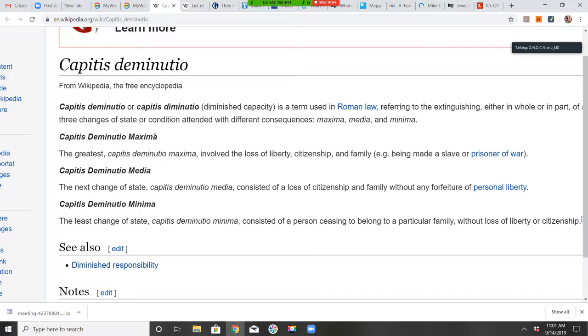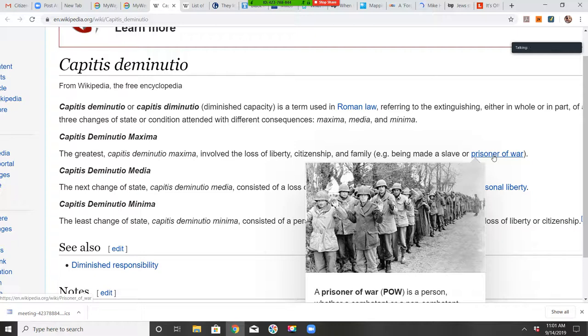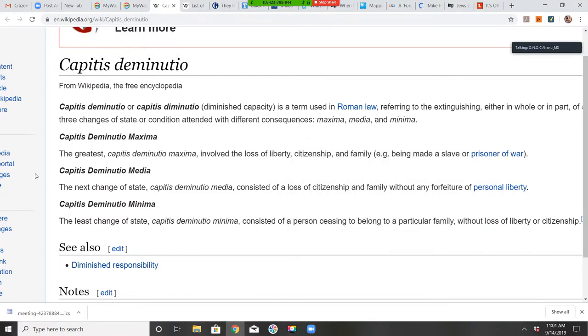For an example, if I'm a Caucasian and I commit a crime, and then I get imprisoned. Okay, I'm a prisoner now. Well, guess what? While I'm a prisoner, I lost my liberty. I can't move and come and go as I want. I'm no longer a citizen.